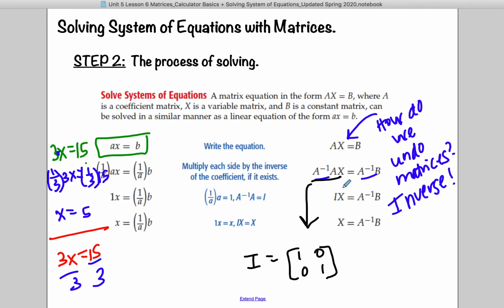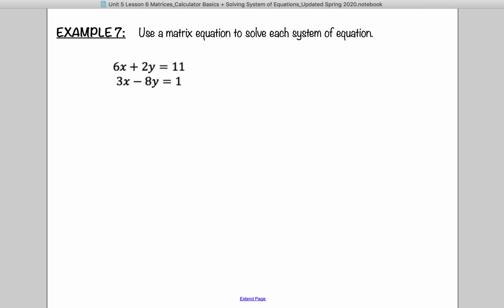Let's actually do this using example 7. So step 1, write out the matrix equation. This is what we got done doing before. So our coefficients are 6, 3, 2, negative 8.